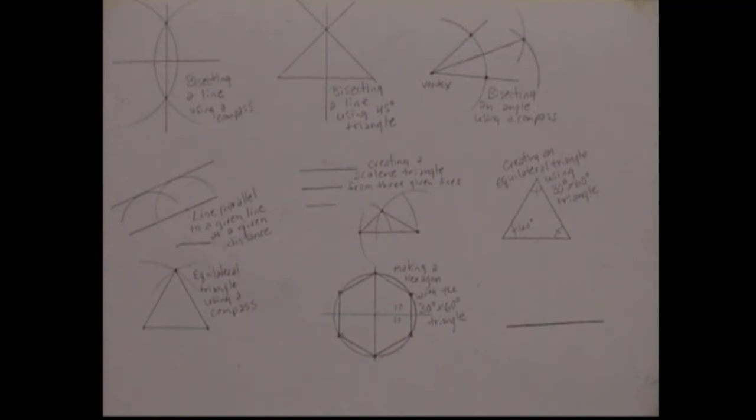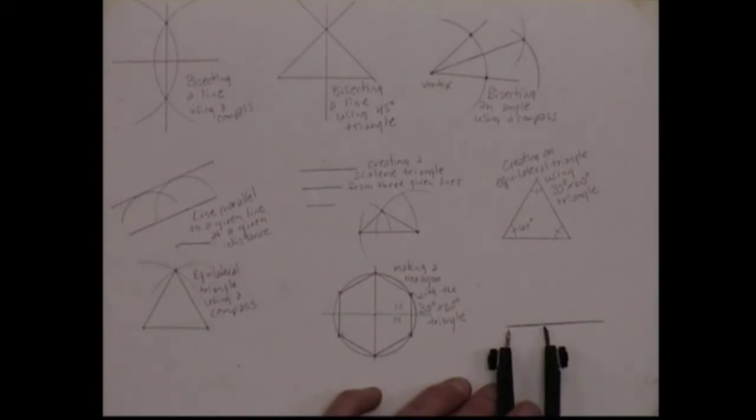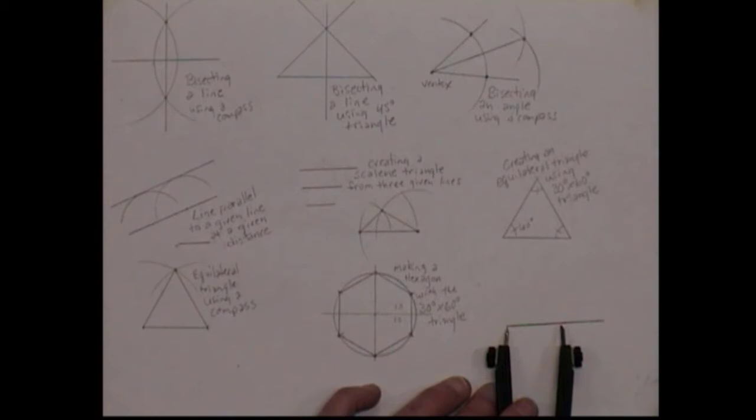Is everybody with me? So once you have that line created, what you're going to do is take your compass. We're going to bisect this line. Now we've already done this, so you know how to do it.